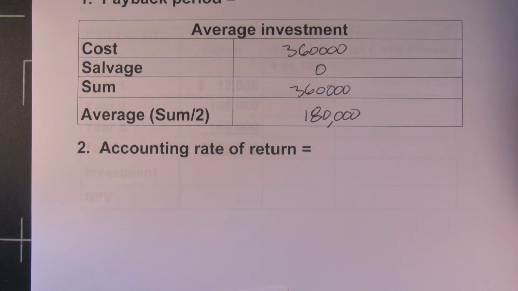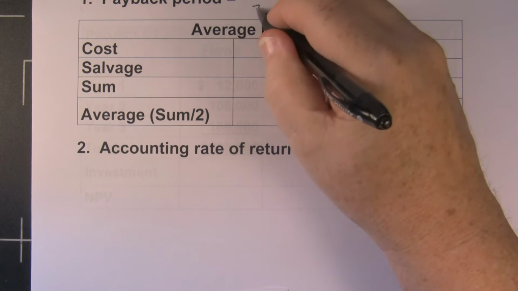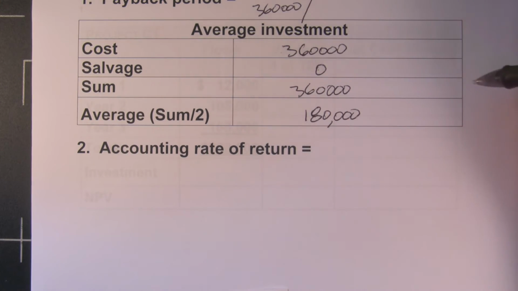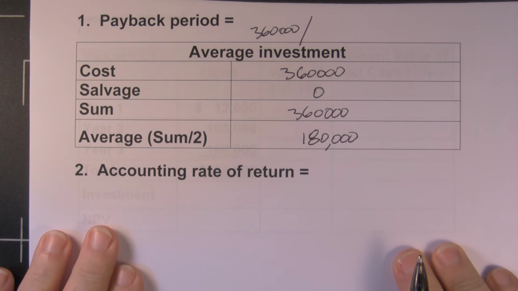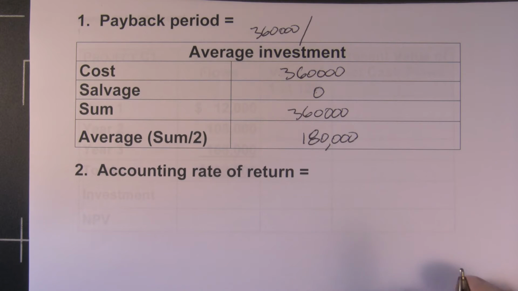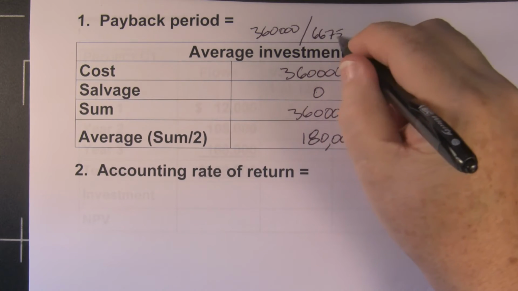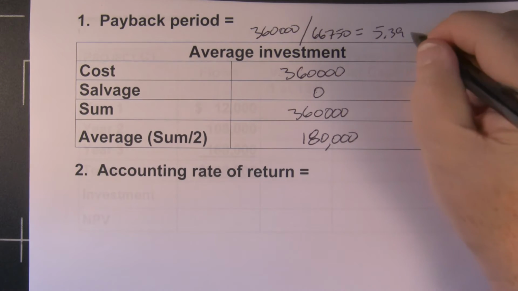Now we want to find out our payback. Our payback period is going to be the $360,000 that we paid. Let me pull this down so you can see it too. The $360,000 that we paid divided by 66,750, 5.39 years.